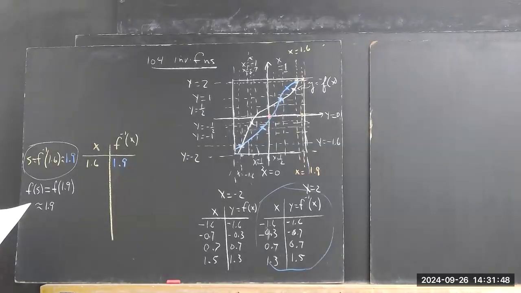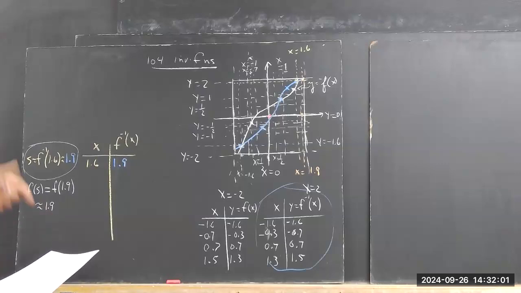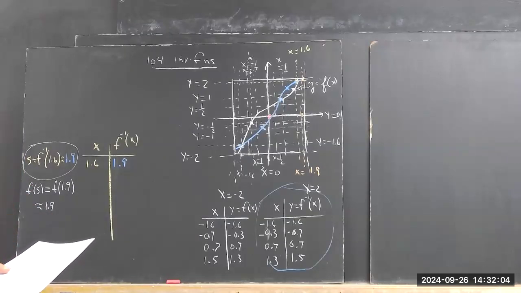Okay. I'll get to the last question here. Let's say this is about 1.9. You may even estimate that it's 2. Then we want to estimate f of 0.8.